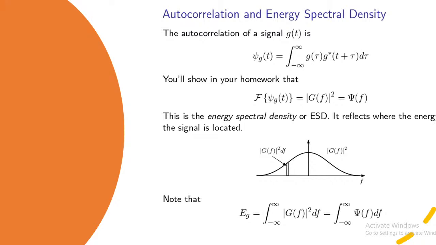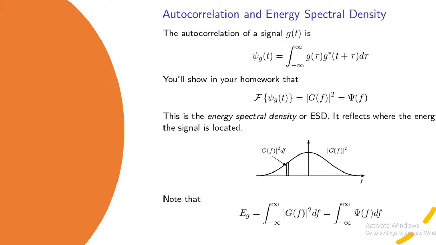Now we come to the autocorrelation and energy spectral density. Autocorrelation of a signal, as we defined it, is the correlation of the signal with its time delayed version. So psi_g(t) is the autocorrelation of the signal g(t).